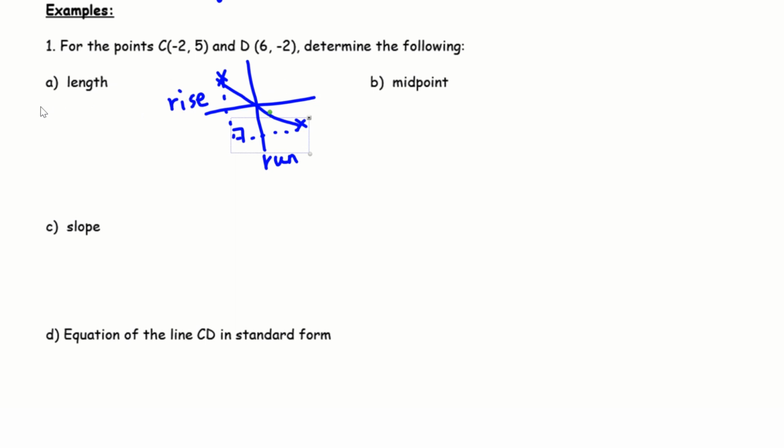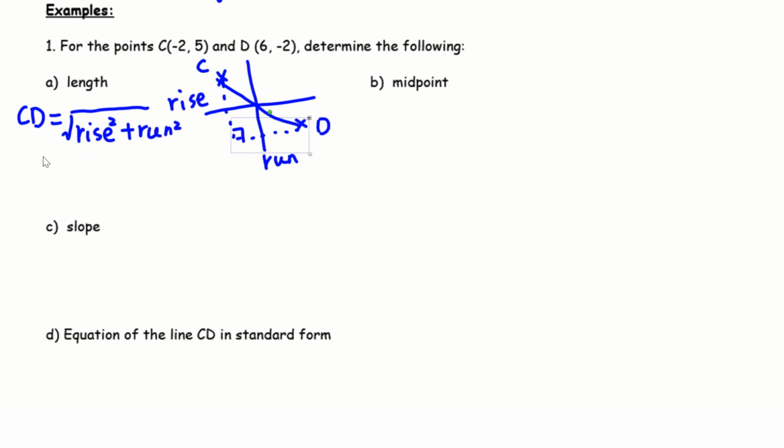So the distance between the 2 points C and D, we use two letters to represent the distance between these 2 points, equals the square root of rise squared plus run squared.